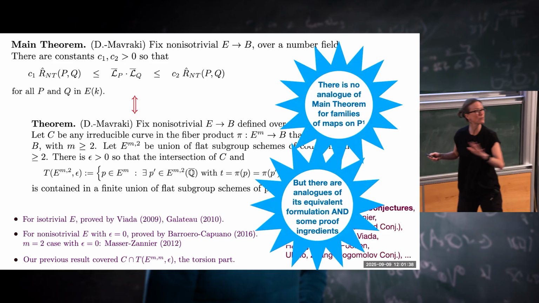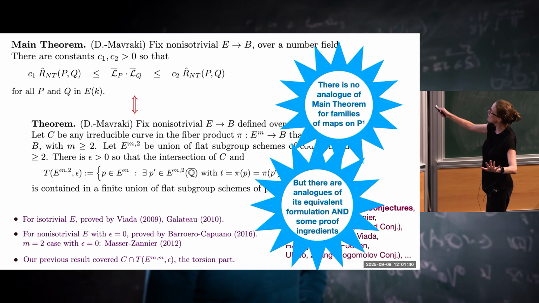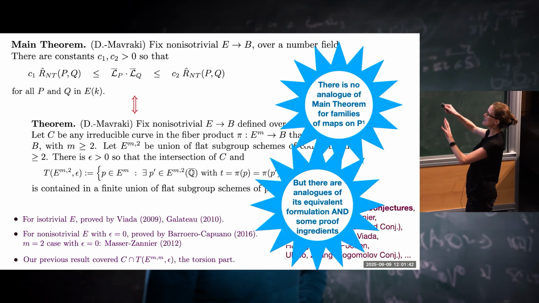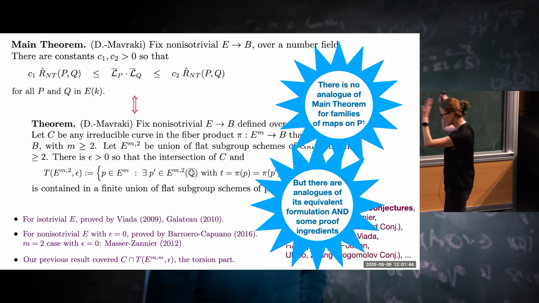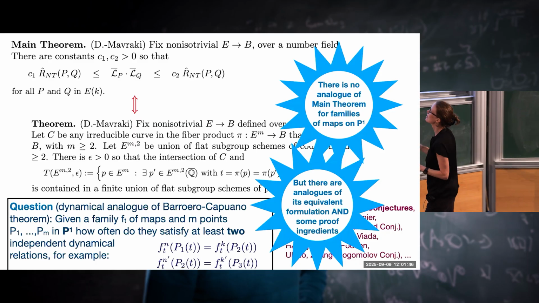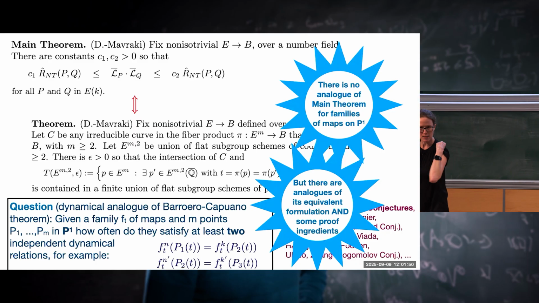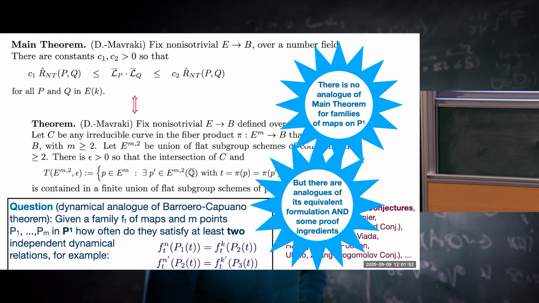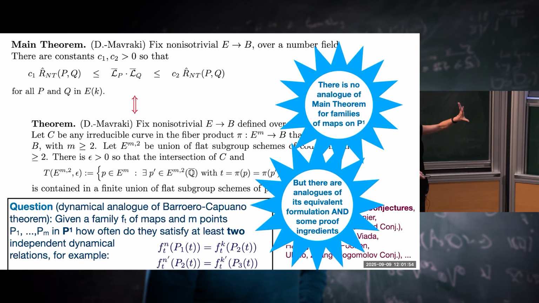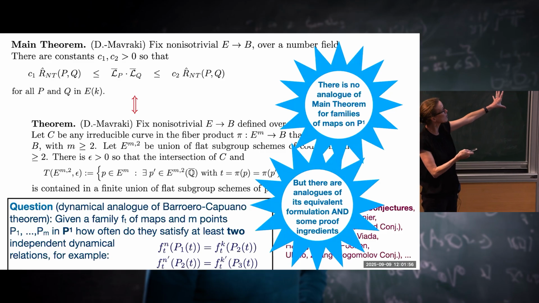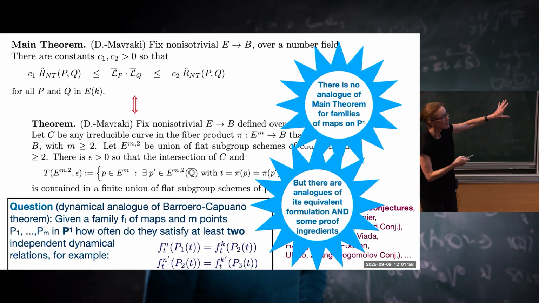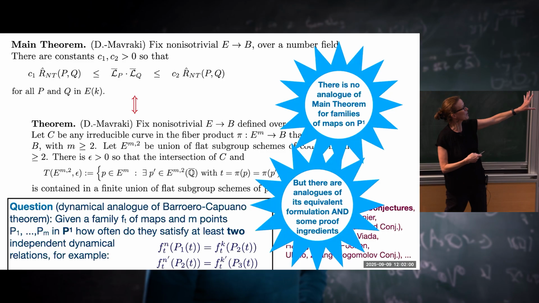in the dynamical context. For example, here, I do have it on the slide, sorry, my slides are getting very busy because I'm putting a bunch of things on top of each other, but here's a question that one could ask in the dynamical case. This is just a direct analog of the theorem that Barroero and Capuano proved. I know you can't see it on the slide, but I will read it out loud.